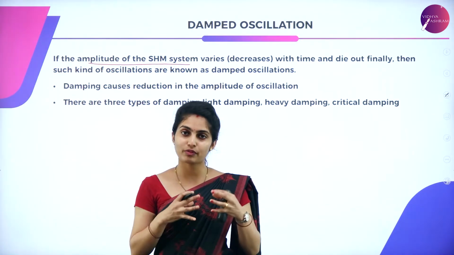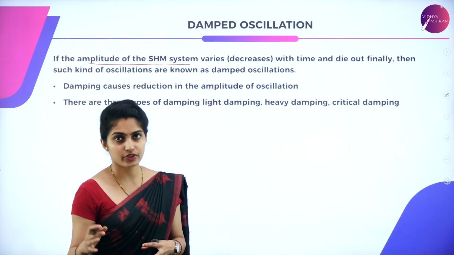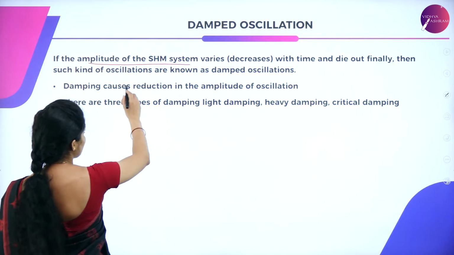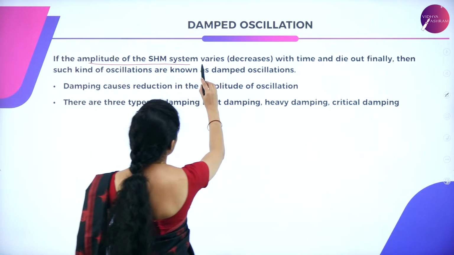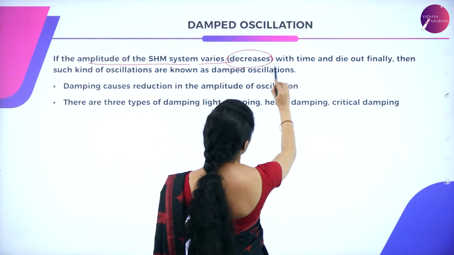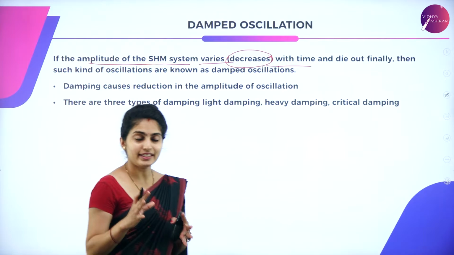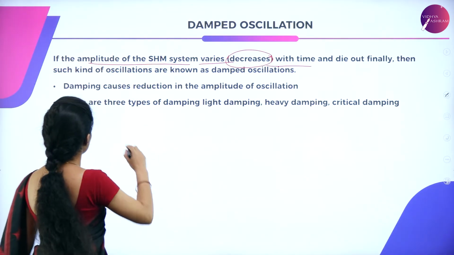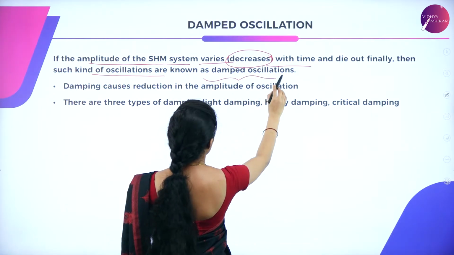Such a motion of a particle is said to undergo simple harmonic motion. Here the amplitude of such a simple harmonic motion varies. That means it decreases with time and finally dies out, so it comes to its rest position. Such an oscillation is known as damped oscillation.